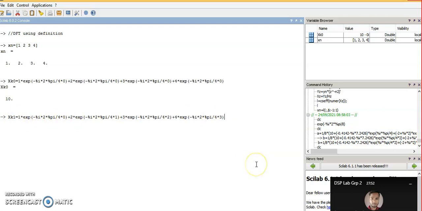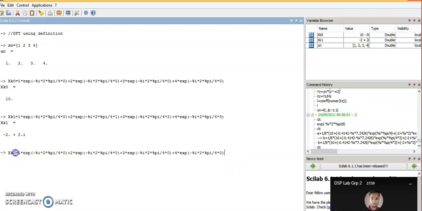So this will be your X[1]. Now X[2]: here the value of k is 2 for all these terms and n is 0, then 2 into 1 will be 2, then 2 into 2 will be 4, then 2 into 3 will be 6. This will be your X[2].